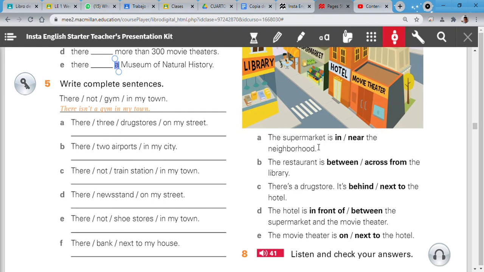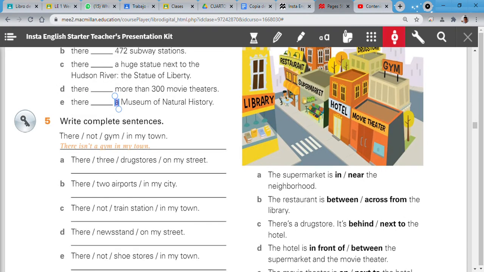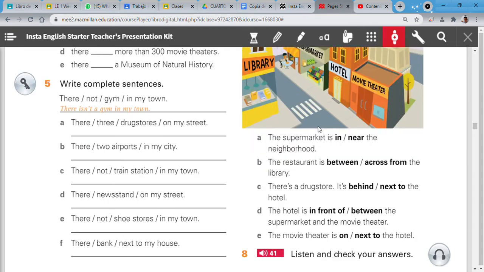One example, the supermarket. The supermarket is in or is near the neighborhood. Neighborhood, barrio. Near the neighborhood. This is my neighborhood. It's in my neighborhood.